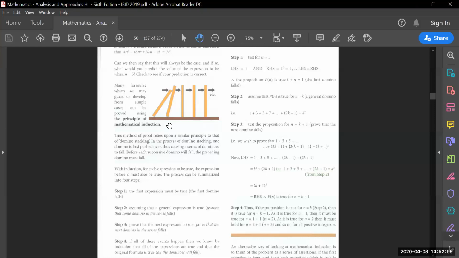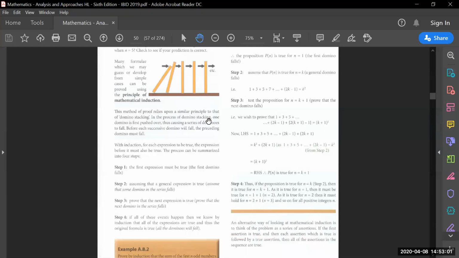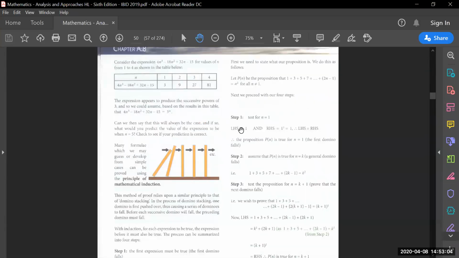Remember? Okay, so coming back to the presentation, step 1, we always define first: let the proposition be whatever. Just copy and paste the question. Then step 1 will be to prove that the left hand side and right hand side are equal to each other for n equals to 1 or whatever the first value is. Then step 2, like you said earlier, I'm glad that you still remember that we need to have an assumption.